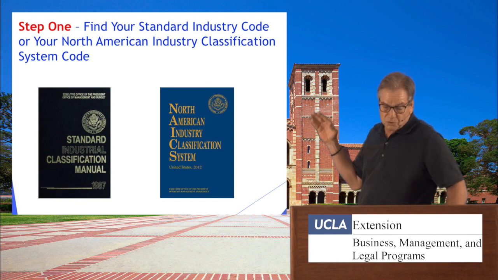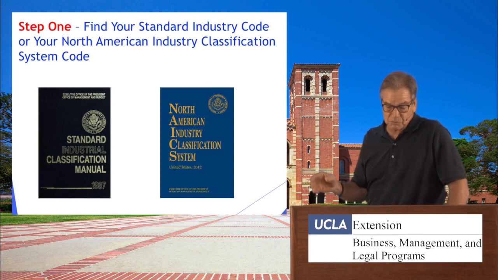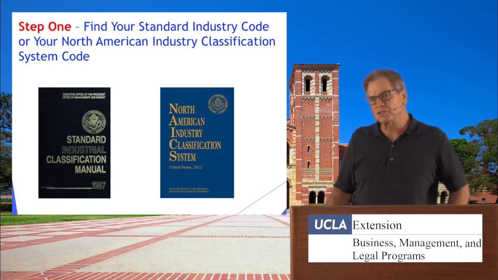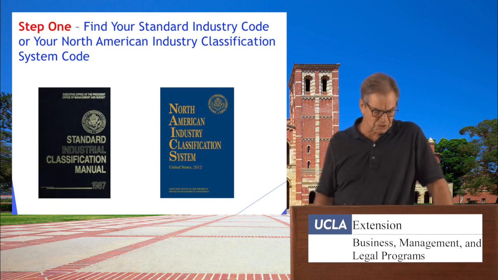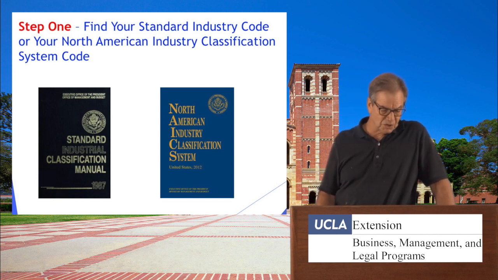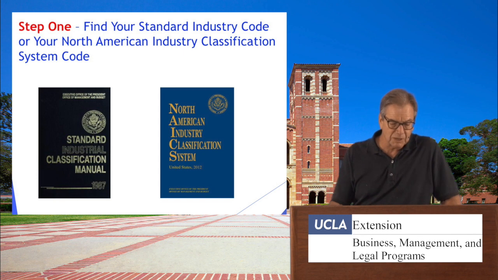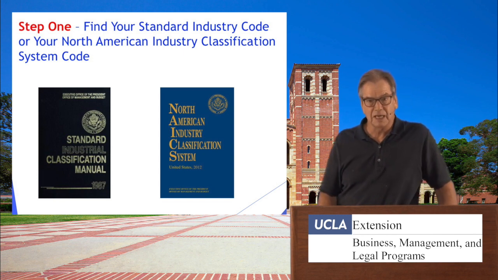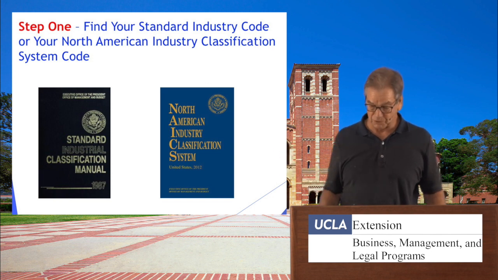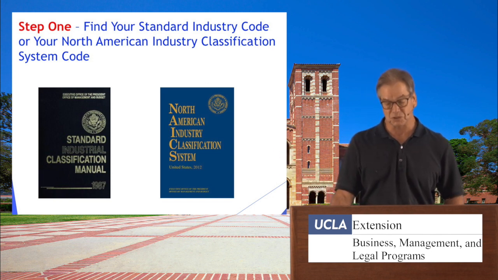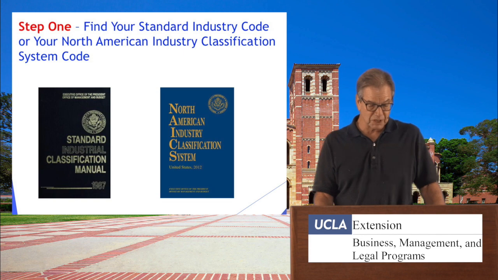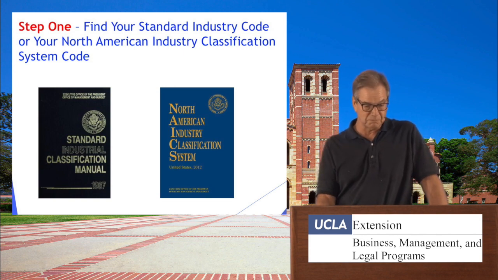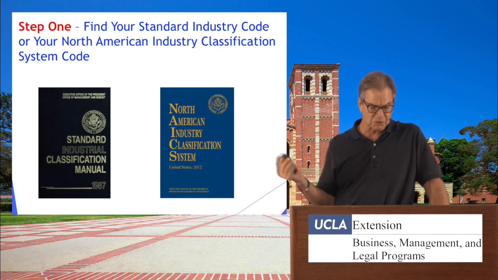However, the North American Industry Classification number system has more services and more technology type things in it. The SIC code system, as you can tell on the manual here, was most recently updated in about 1987. Believe it or not, that's still the code system they use today. Whereas the North American Industry Classification system is a little more updated. But that's where we start.